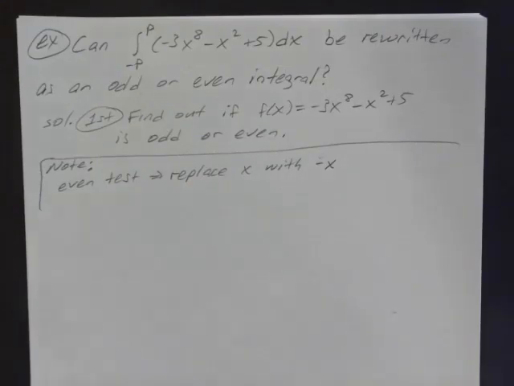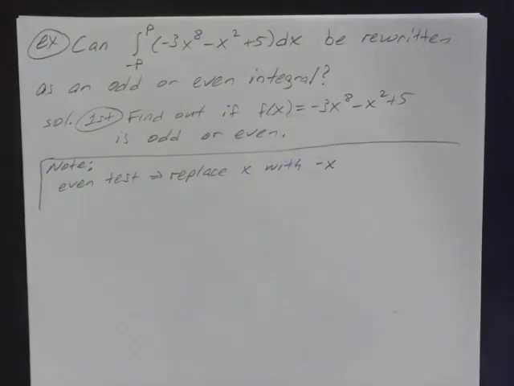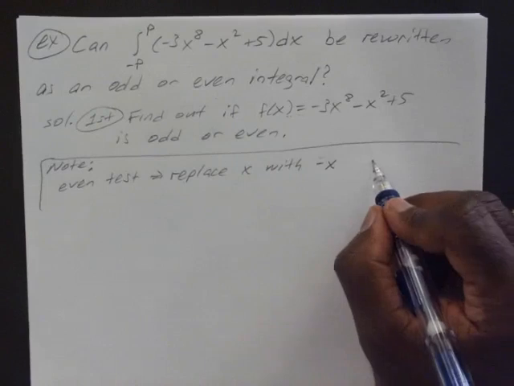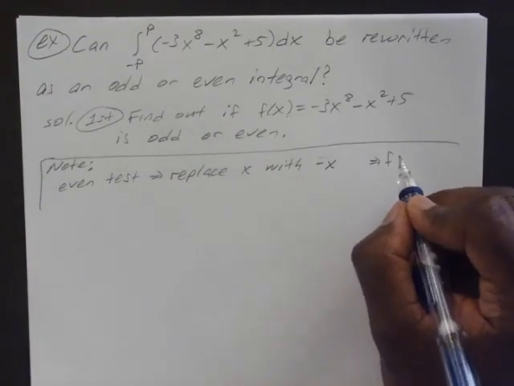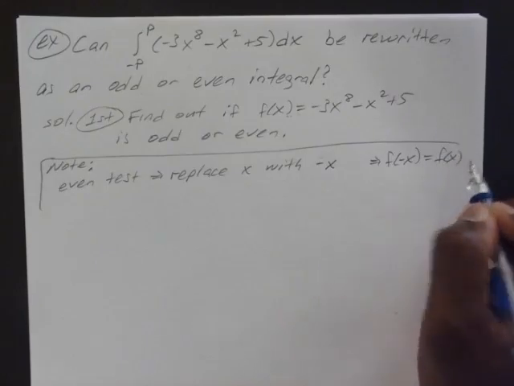And if you do that, you should end up at the very same function. So if you replace x with negative x, you should end up right back at f of x.